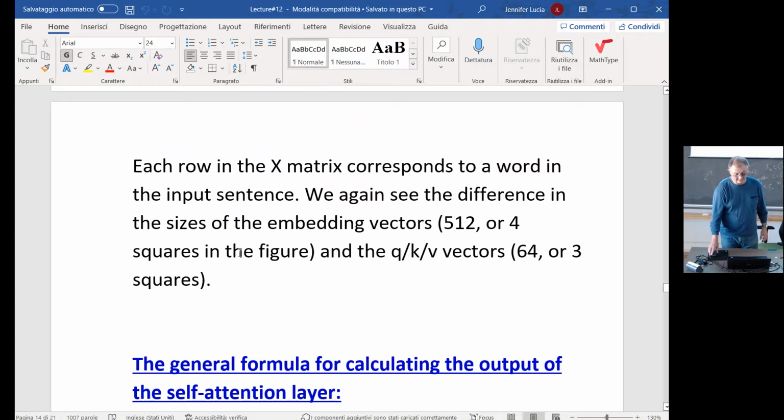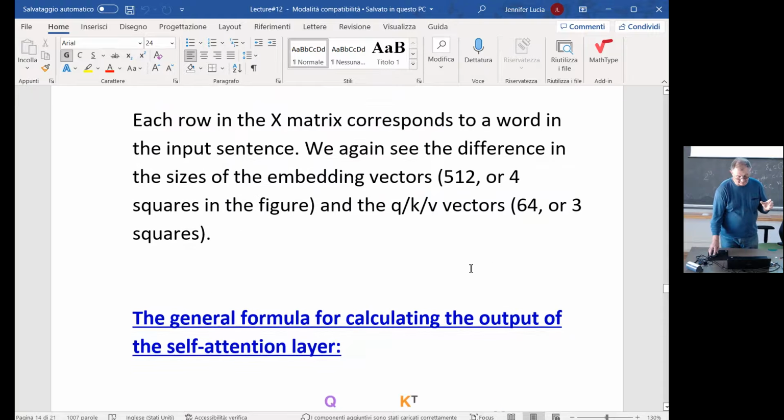We again see the difference in the size of the embedding. 512 we denote as 4 squares in the figure, and the query, key, and value vectors, 64, as 3 squares. We have defined this in such a way.